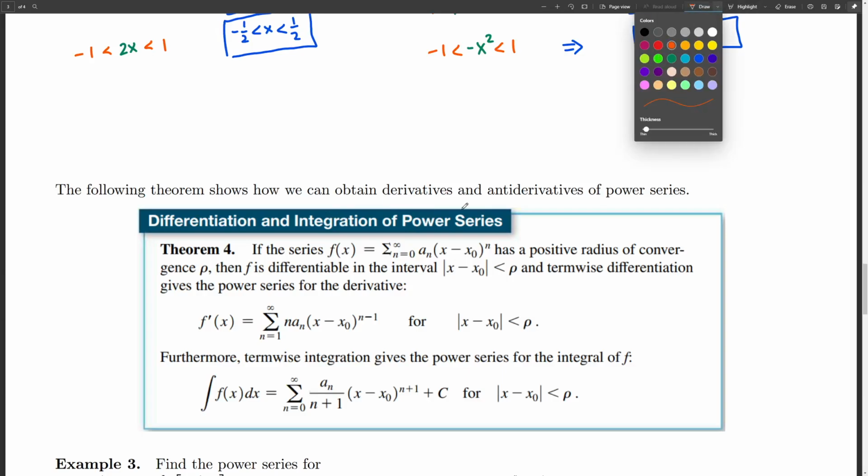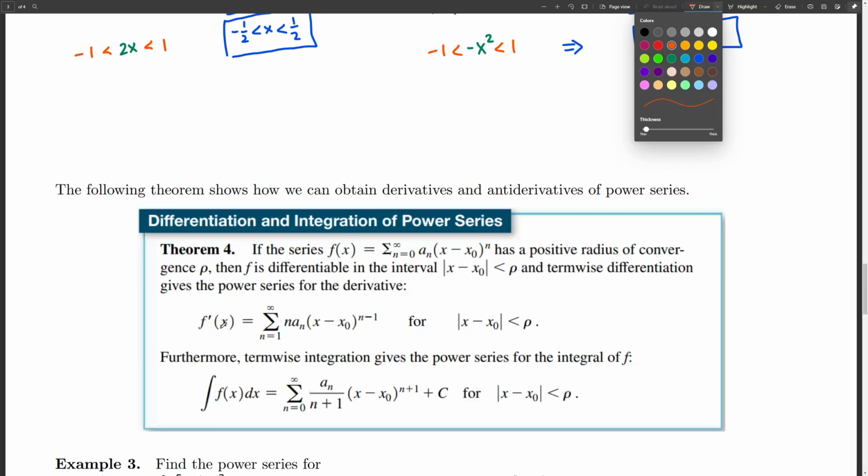So if the series f of x equals the sum from n equals 0 to infinity of a sub n times x minus x naught to the power n has a positive radius of convergence rho, then f is differentiable in the interval from x naught minus rho to x naught plus rho, or said differently, where the absolute value of x minus x naught is less than rho. And term-wise differentiation gives the power series for the derivative.